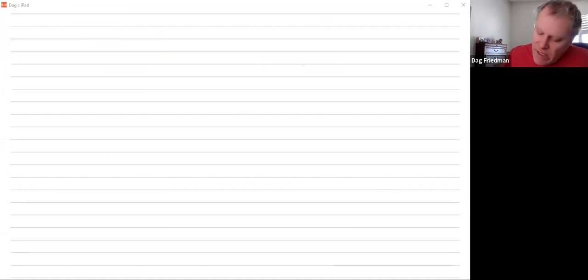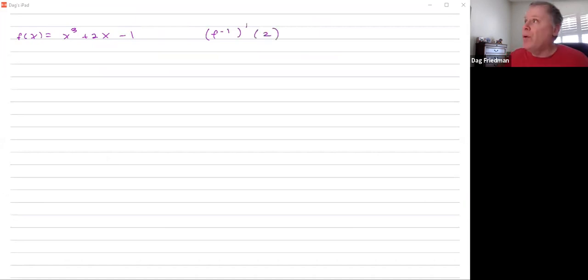So we have this function f of x, and it equals x cubed plus 2x minus 1. What we are going to be asked to do is find the derivative of the inverse at 2. So they're asking us, what is the derivative of the inverse function when x equals 2?